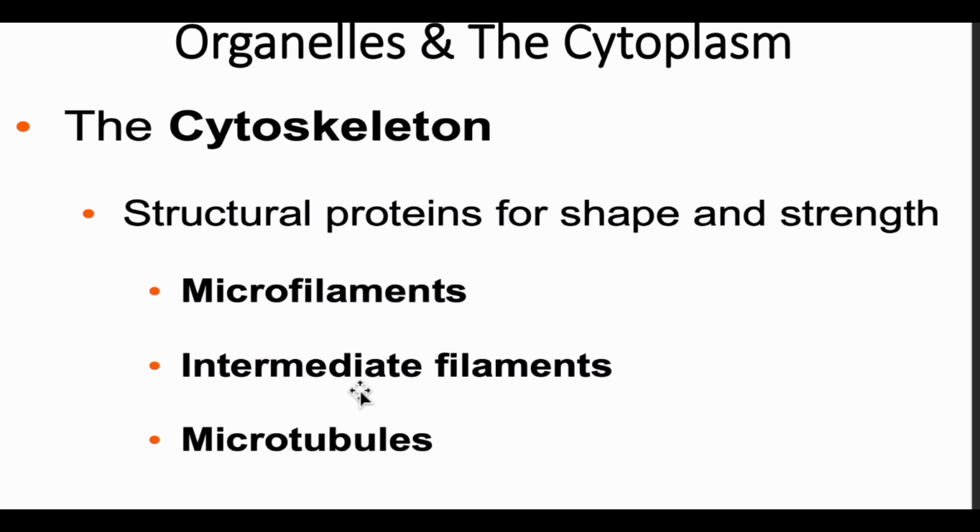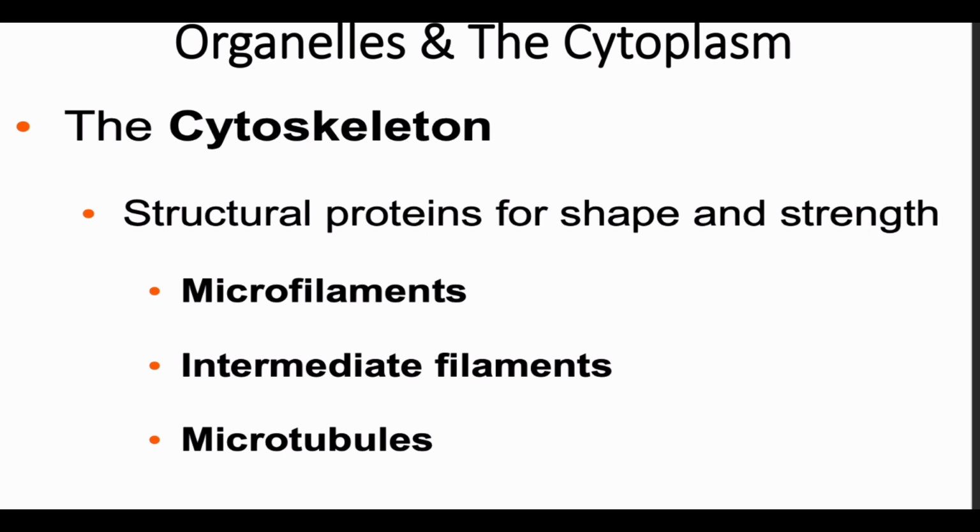Let's look at some of the components of that. Again, the cytoskeleton helps the cell maintain its shape and internal organization, and it helps it carry out a lot of functions.